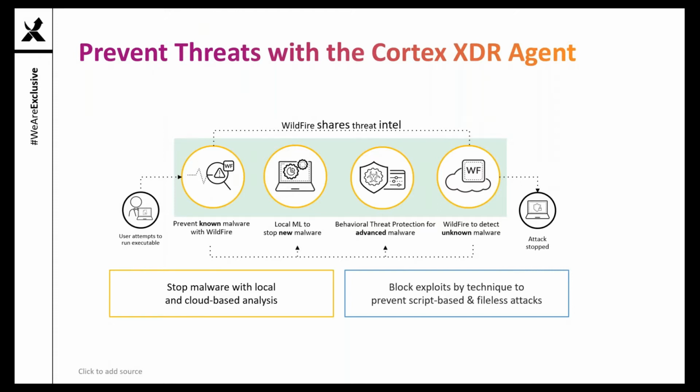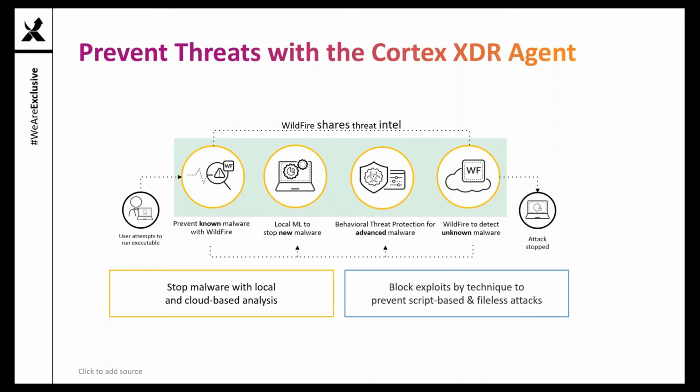Now, when we talk about malware, so when an executable or, for example, a macro is opened, Cortex XDR will check in real time with Wildfire, and Wildfire is the threat intelligence cloud of Palo Alto Networks, which you might probably know from the next generation firewall.